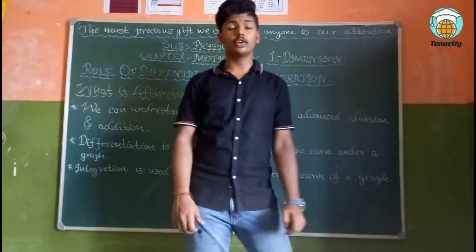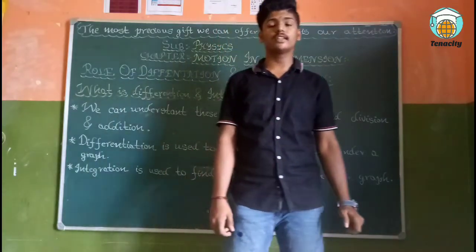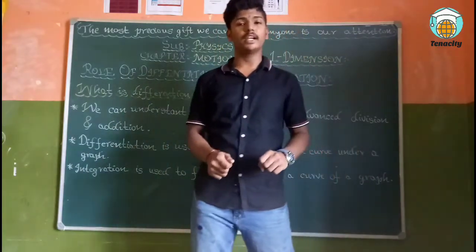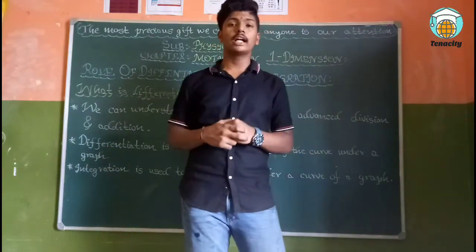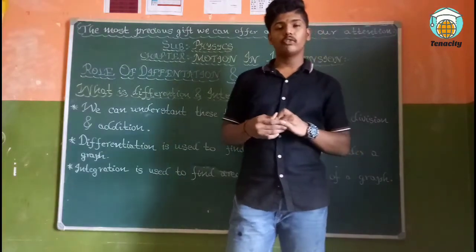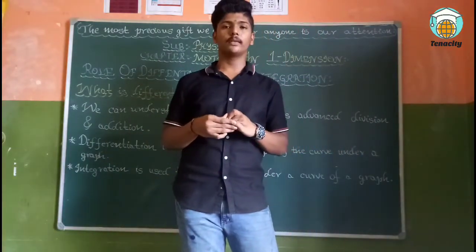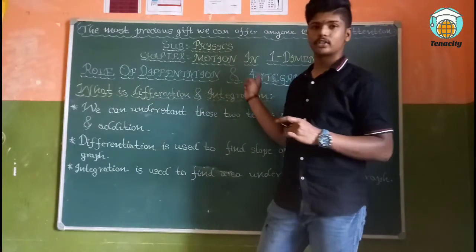This is the fourth class on the chapter Motion in a Straight Line. In the last class we discussed instantaneous speed and came across a new concept called differentiation. In this class we will be dealing with differentiation and integration.